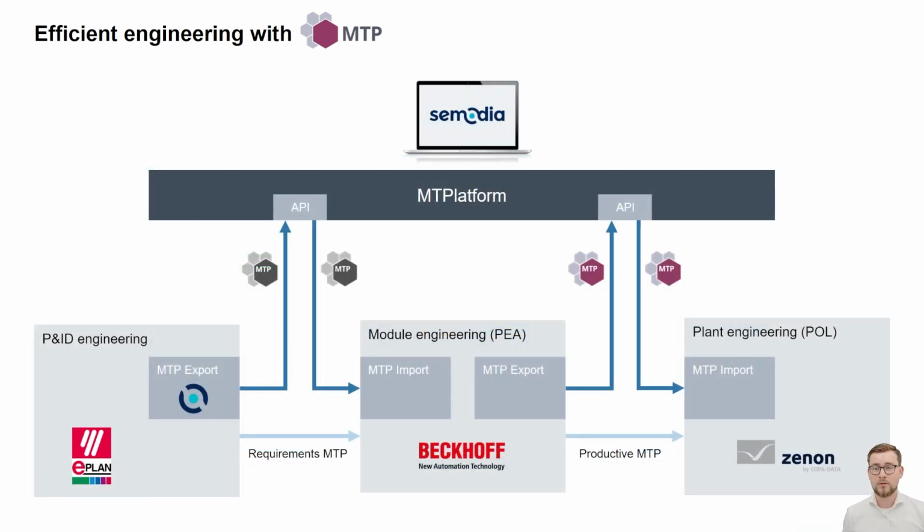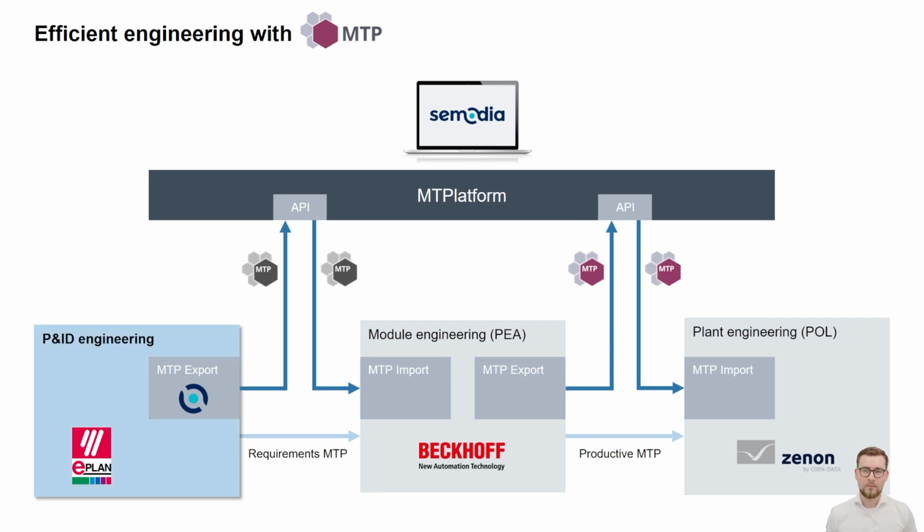Now that we got to know the module type package concept, we can start with the whole engineering workflow. We will begin with the P&ID engineering in ePlan pre-planning. Here we can draw our P&ID for one module and export a requirements MTP file.